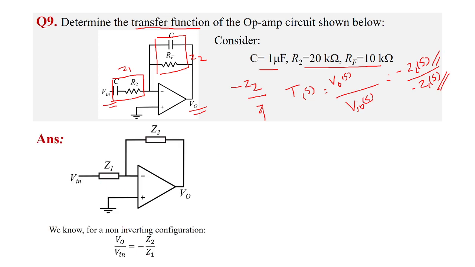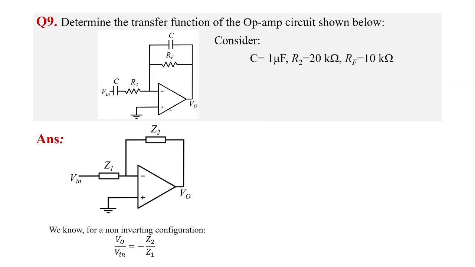So that is what I have written here. Since it's an inverting configuration, we need to find Z2 and Z1. As we can see from the question, Z2 is the impedance due to this capacitance and RF. Since C and RF are in parallel, it's like two impedances kept in parallel.